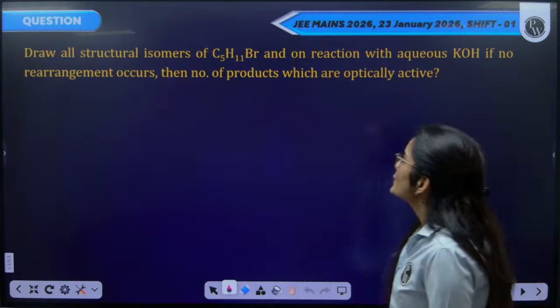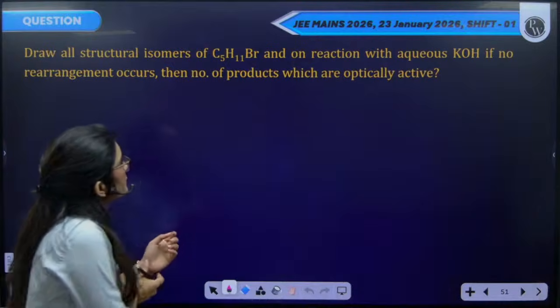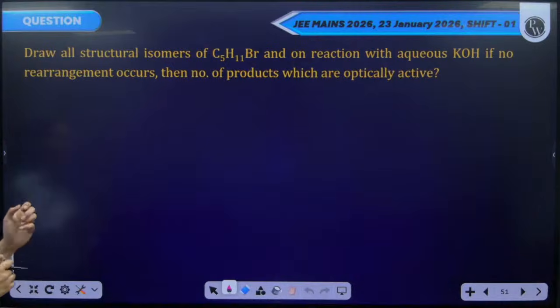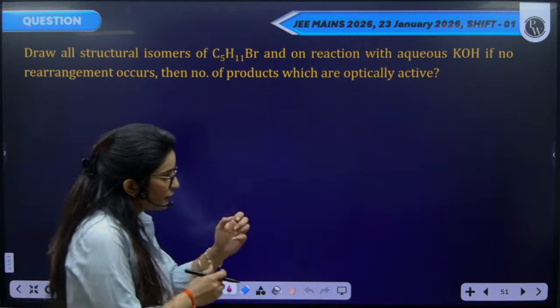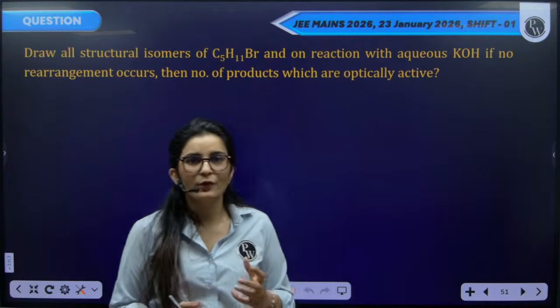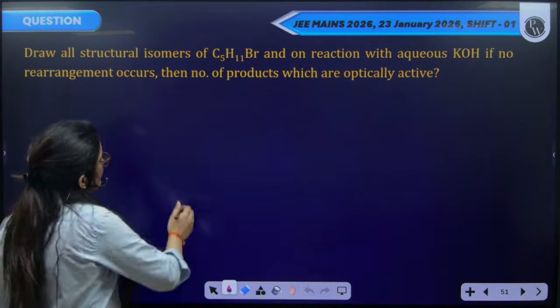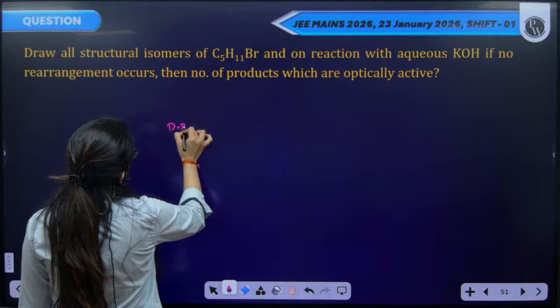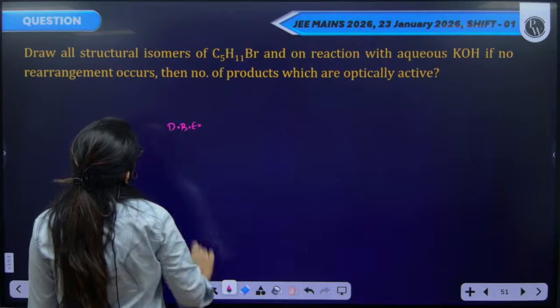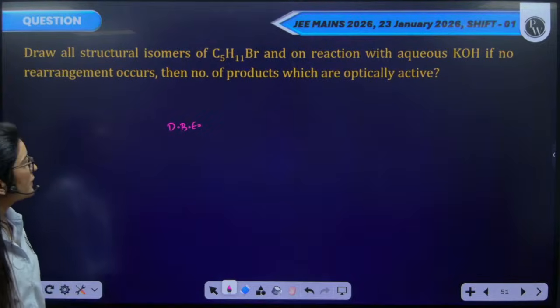Next, yeah, this question I think it's a good question actually. First of all, the formula has been mentioned to you, and whenever the formulas are mentioned to you, I every time suggest in the class to calculate first of all DBE, or you can say the double bond equivalent, right? So how do we calculate double bond equivalent?